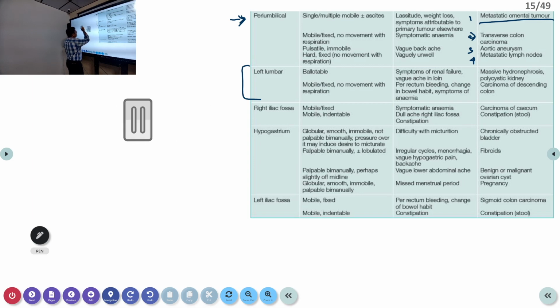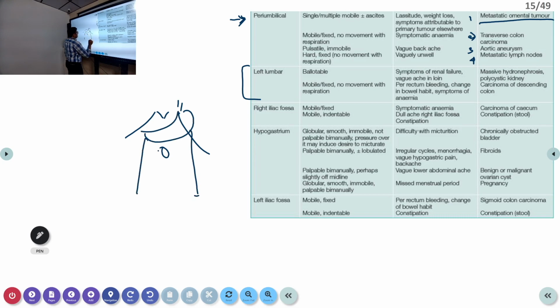The stomach will be here, and the omentum comes down from the greater curvature. This whole thing is the omentum. So if any omental deposits are there, you may feel them near the umbilicus.